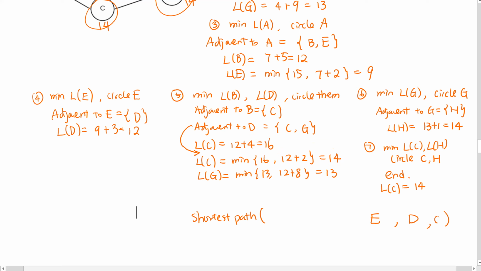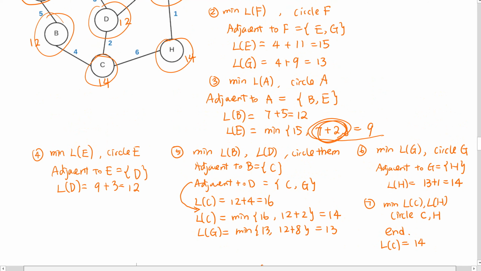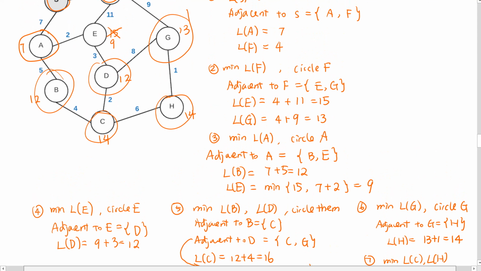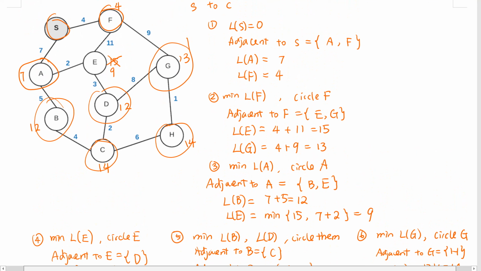And how do you get E? Your E is from this one, which is from A. So far, so good, everybody? And how do you get to A? It is from S.